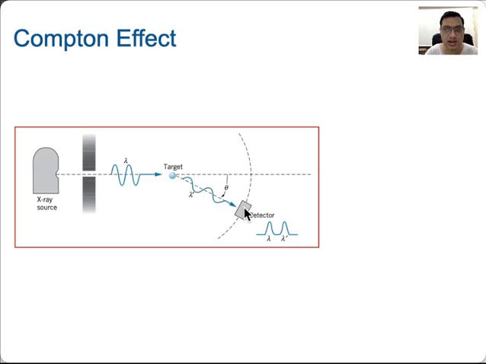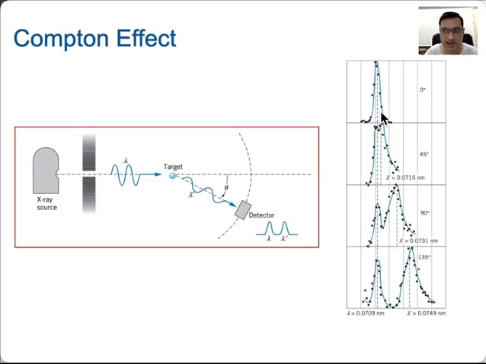The detector collects the intensity of the scattered light, and here is the angle theta at which the light is scattered. Compton observed that if the angle theta is 0, you see a peak of scattered intensity at the same wavelength that was provided to the X-ray.